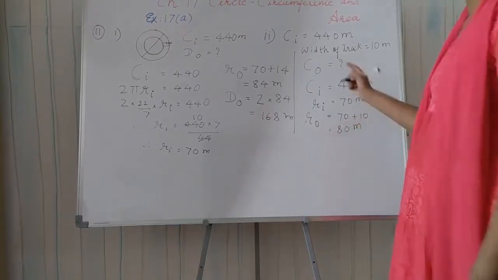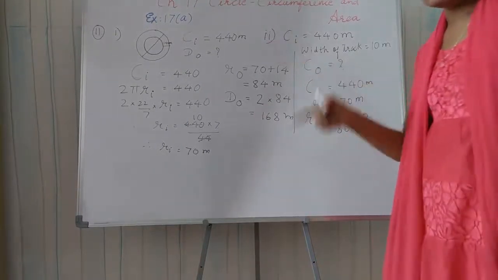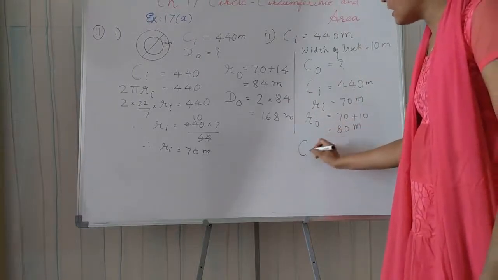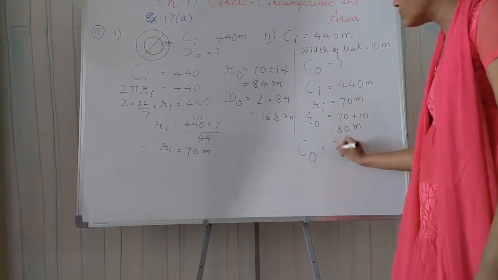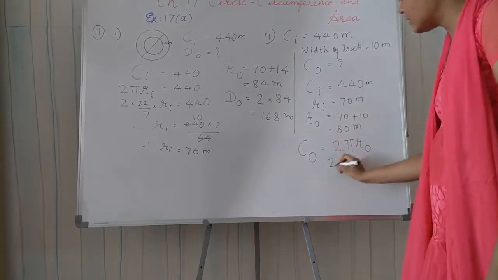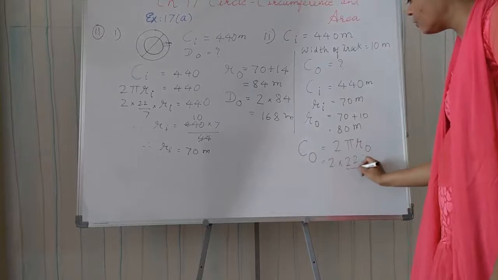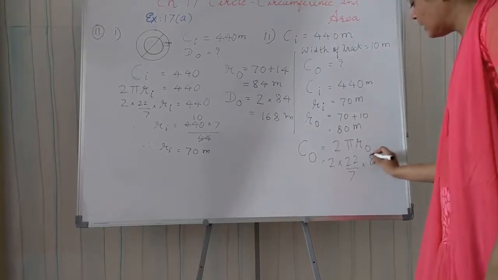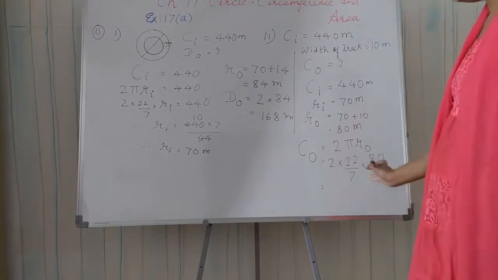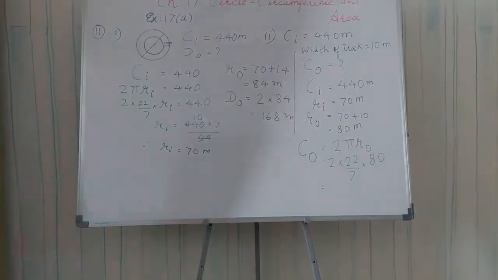And now we will find the outer length of that path. So, that is the outer circumference, 2 pi outer radius. By calculation, 2 into 22 by 7 into 80, we get our answer. That answer will be in decimal, so let us solve it in decimal.